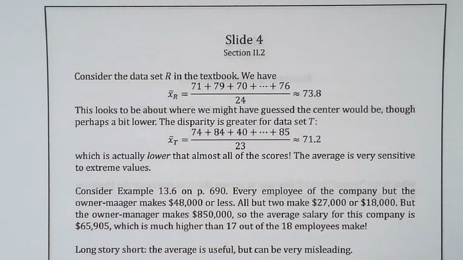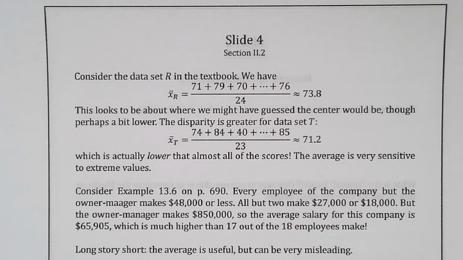So that's more or less in the middle, if you look at the dot plot on page 686. But it's a little bit lower than what we might have guessed. We were talking about something like 76 or 77 as a center. But yeah, this is giving us 73.8. It's a little bit lower than we might have guessed.